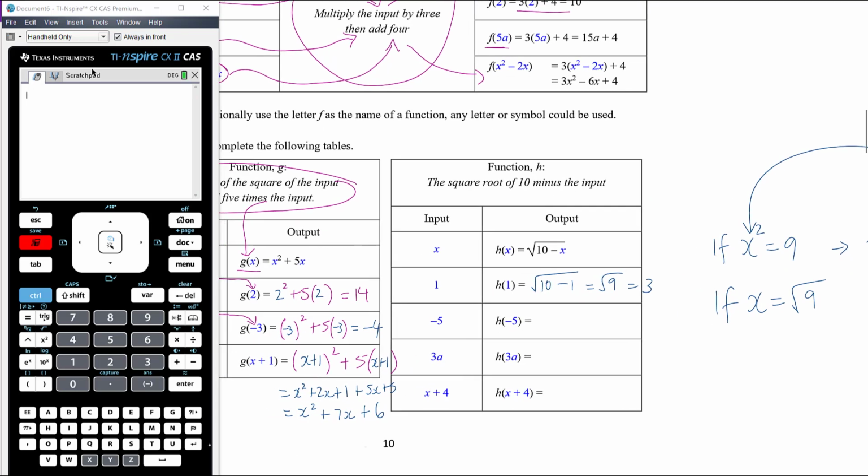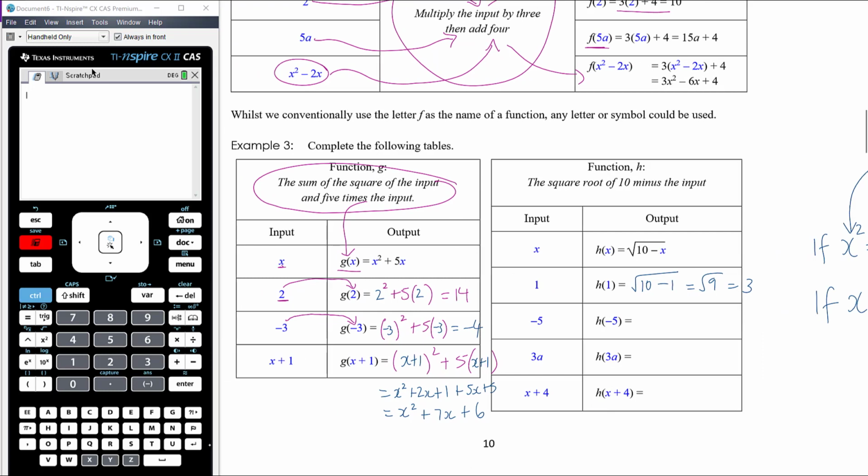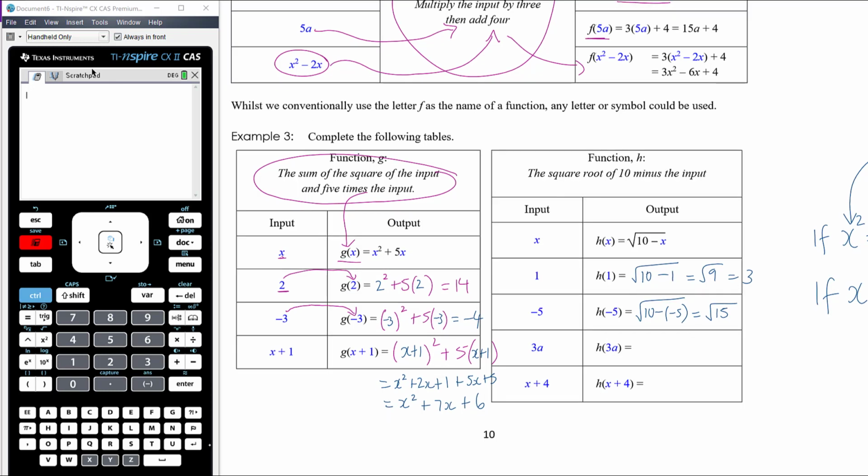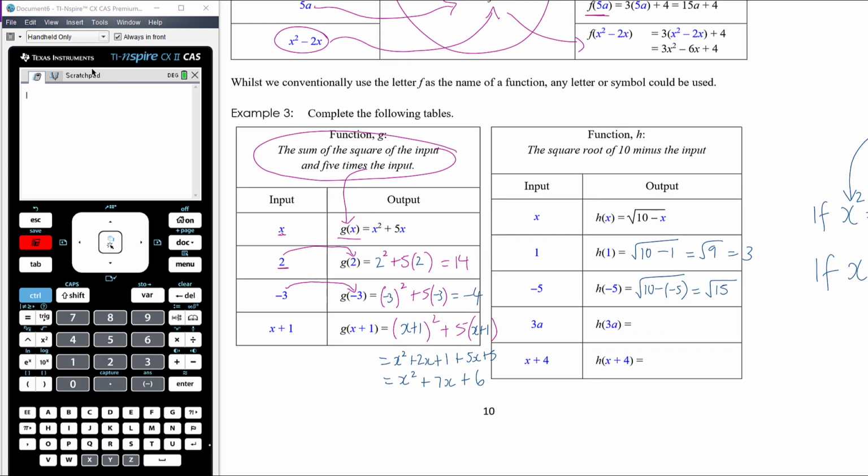All right, if my input is -5, substituting that into my rule, we're now doing the square root of 10 minus that input, which is -5. So it's the square root of 10 plus 5, which is the square root of 15. So it's simplified, all done. If my input is 3a, doing h to 3a means taking the square root of 10 minus 3a.